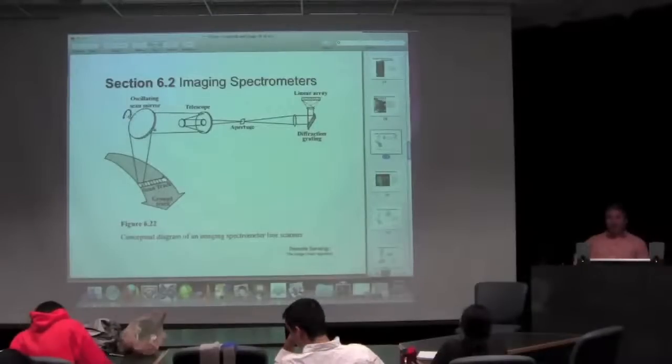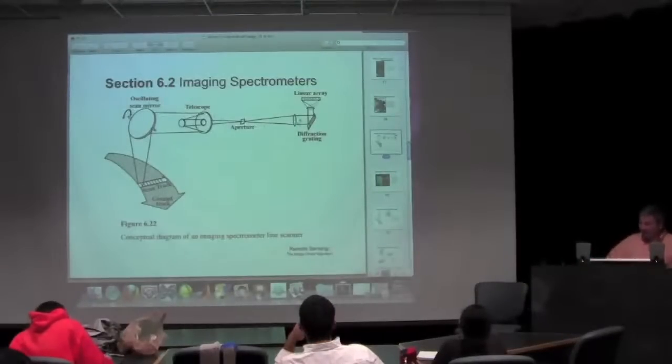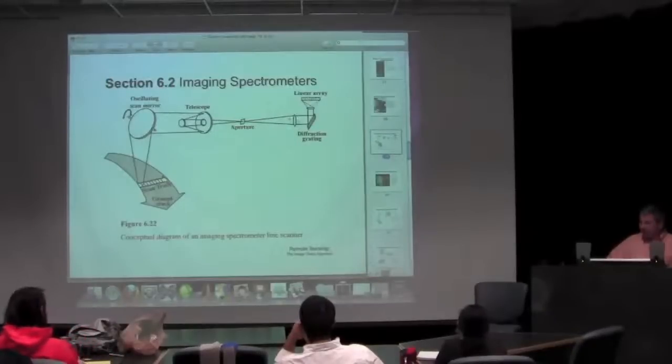I think the only thing that we really need to be worried about at this point, I didn't mean to drag this out a little bit, is that once you place this collimating lens in the path, you want to make sure you cover the full extent of the array if you want to use the full extent of the array to make your spectrometer. Right? So you want to make sure that this is not too close, so that the diffraction grating will only produce an image from here to here on the linear array.